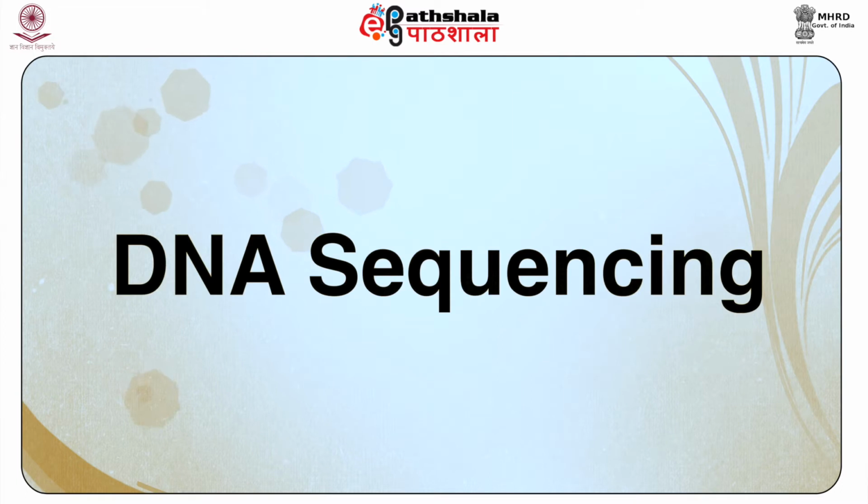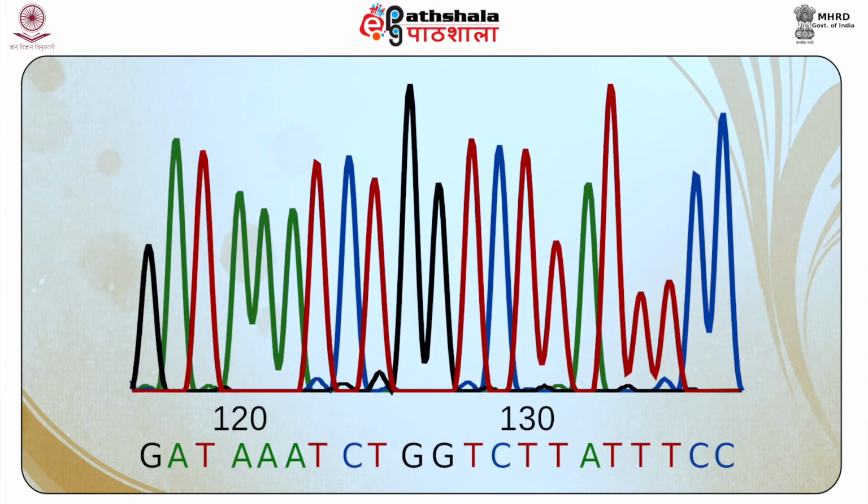First is DNA sequencing. DNA sequencing is the process of determining the precise order of nucleotides within a DNA molecule. It includes any method or technology that is used to determine the order of the four bases, that is adenine, guanine, cytosine, and thymine, in a strand of DNA.